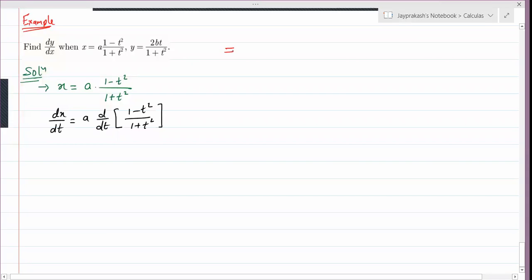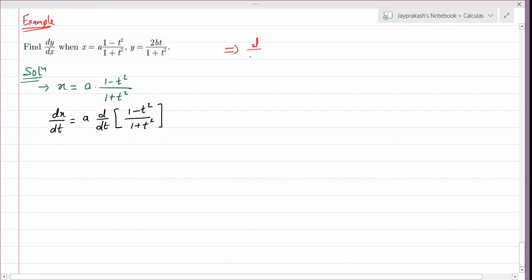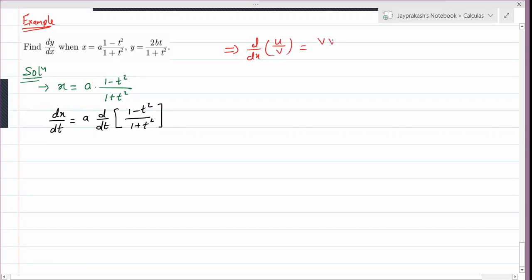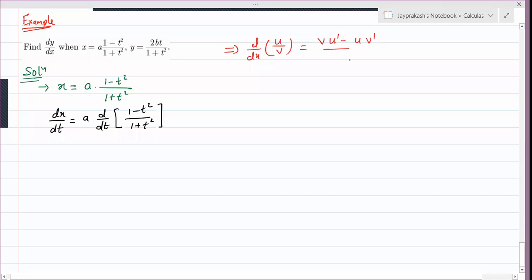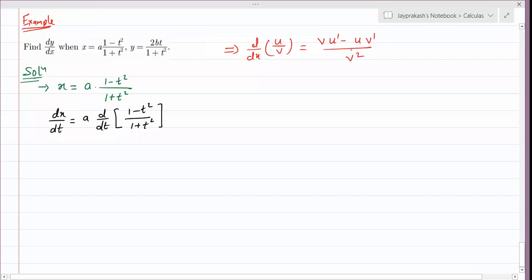So in this question, we are going to use the formula d by dx of u by v. So leave the denominator, differentiate the numerator, minus, leave the numerator, differentiate the denominator, upon v square. This is the formula of u by v.